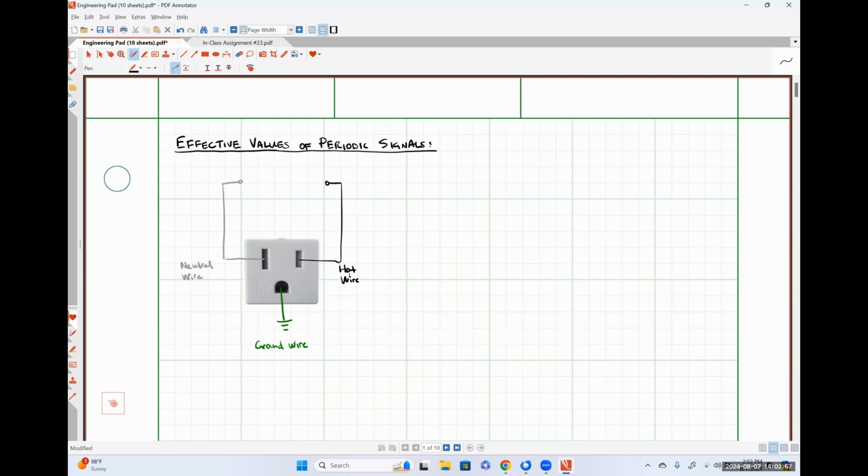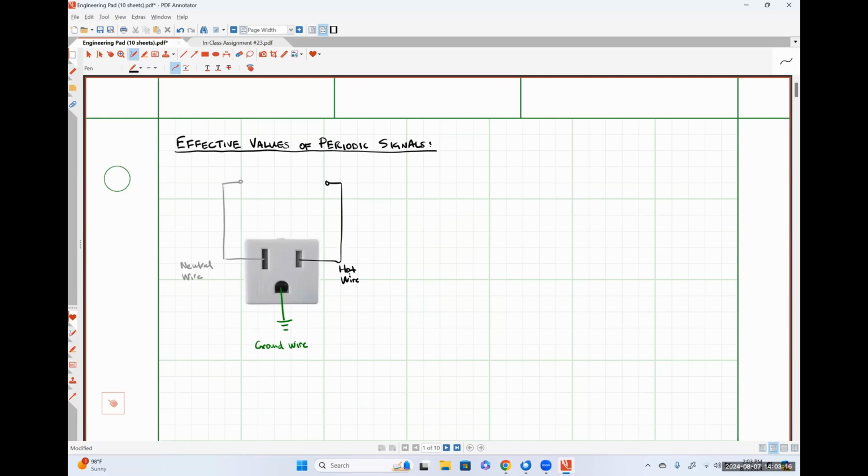So if you can plug something in both ways, the polarity doesn't matter. But if one of the legs on the plug is larger than the other, then the polarity explicitly matters. Anyway, just information for you all.